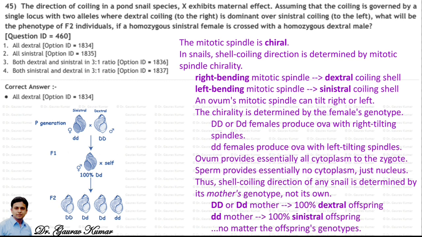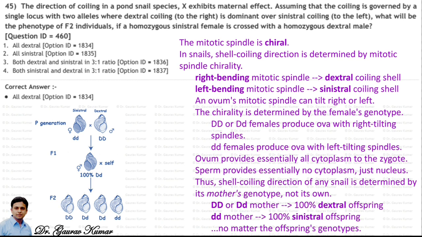For this we will read the statement on the right. The mitotic spindle is chiral, that is, it is asymmetric in snails. Shell coiling direction is determined by the mitotic spindle chirality. A right bending mitotic spindle will form the dextral coiling shell, and a left bending mitotic spindle will form the sinistral coiling shell.